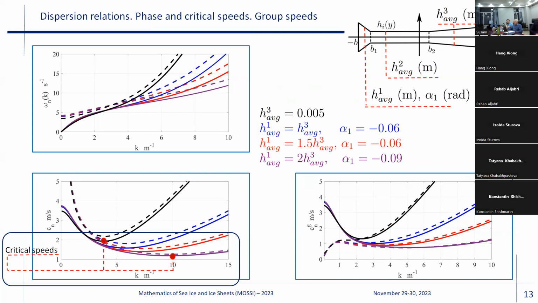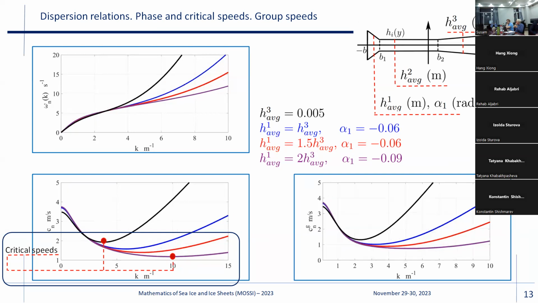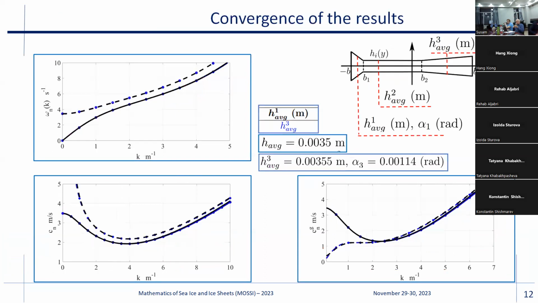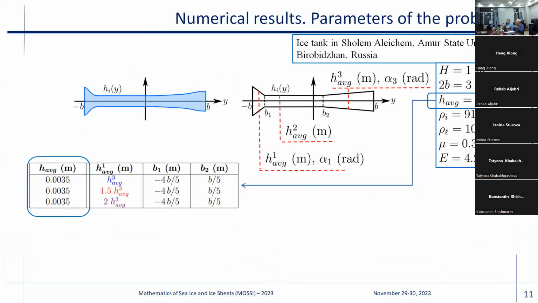And another question: you considered a linear change of the thickness? Did you consider a piecewise constant change of this thickness? No. Is it easier or more complicated? I don't know. The main idea was that, let me show you these conditions between segments, in the big red box.